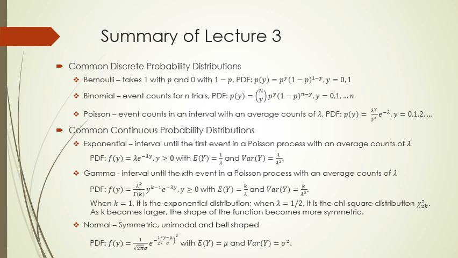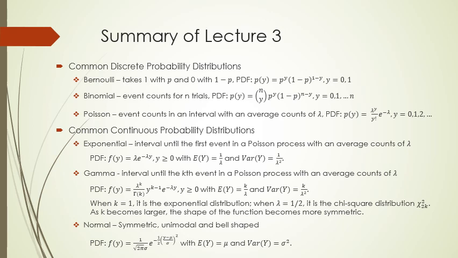Then we discussed three common continuous probability distributions: exponential distribution, gamma distribution, and normal distribution. The random variable with the exponential distribution is the interval until the first event in a Poisson process with an average count of lambda.